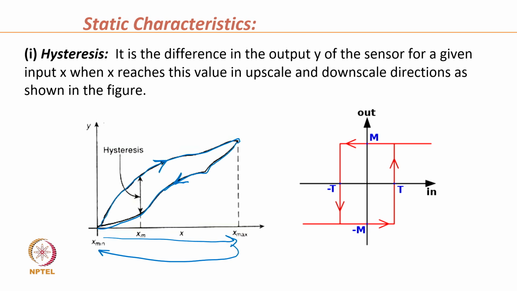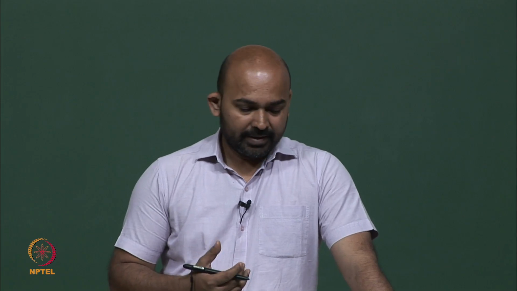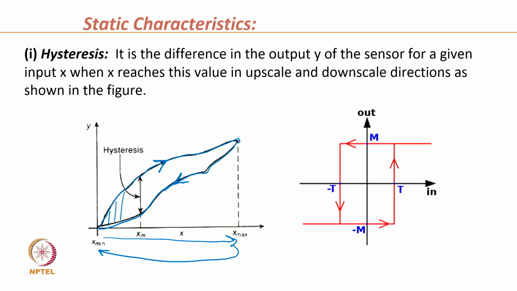Ideally it should be the same, but if the system has hysteresis, or the memory effect we call it, then these outputs are different and there exists an area in between. So, this is called hysteresis in the system. This is the case of analog, where in analog measurement hysteresis looks like this.